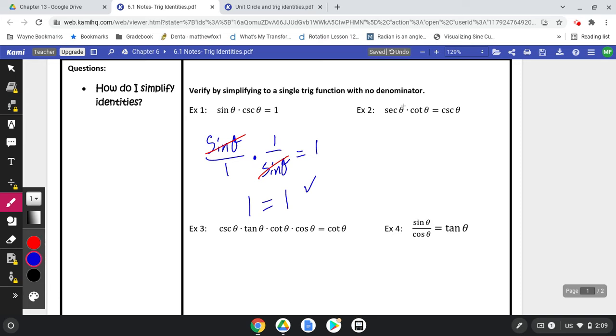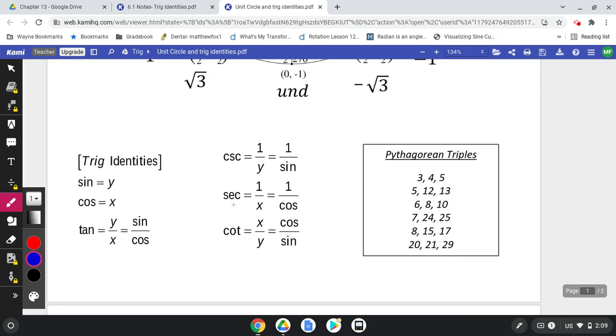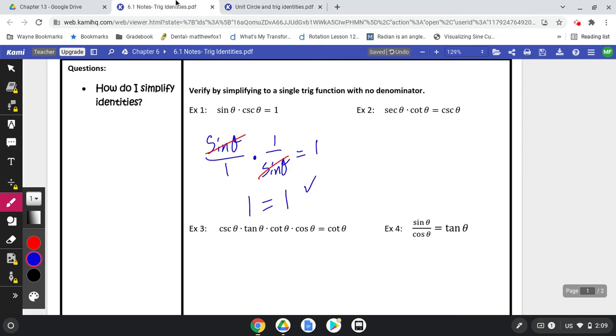So the next one starts with secant. If we think about secant, secant is 1 over cosine. So 1 over cosine of theta times, now cotangent is cosine over sine, and all of that equals cosecant of theta.